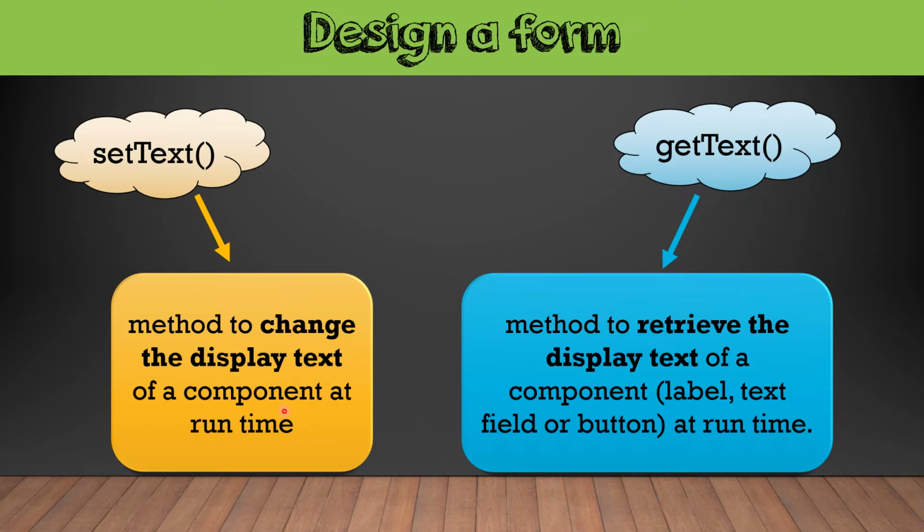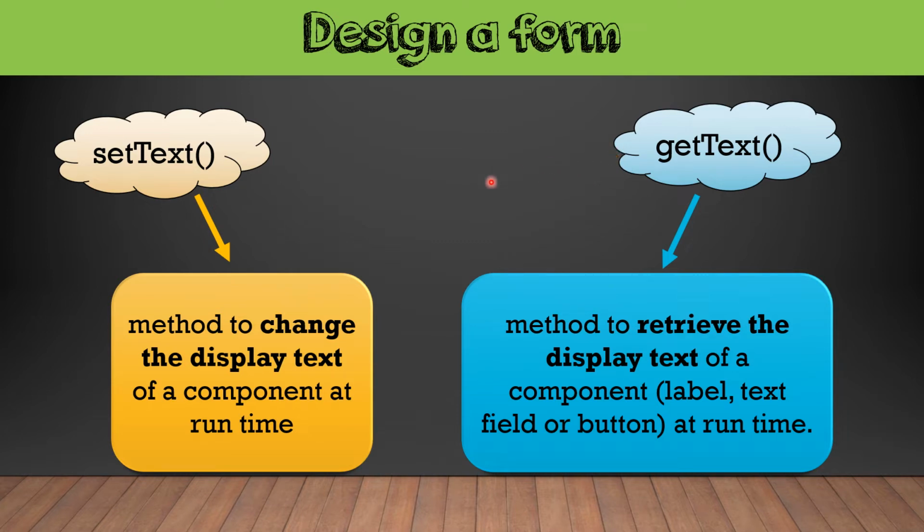So at runtime, the method changes the display text. Whatever the display text is, it is changed. But when we are choosing the getText method, then it will retrieve the display text. Means it will retrieve some value which will be displayed at runtime. So this is the difference between setText and getText.